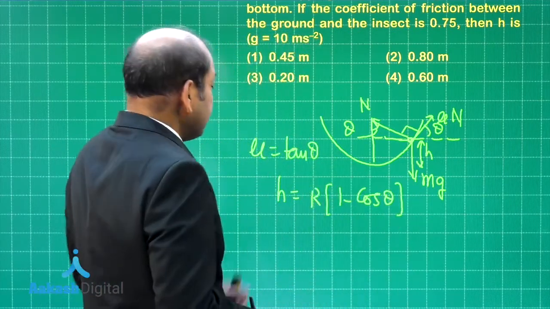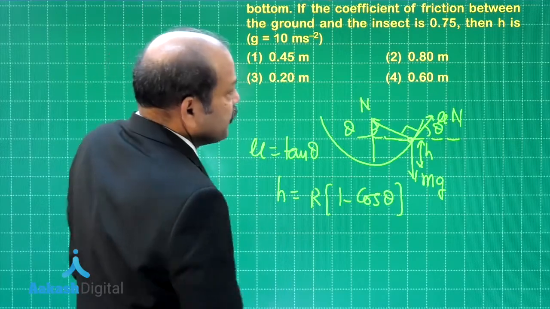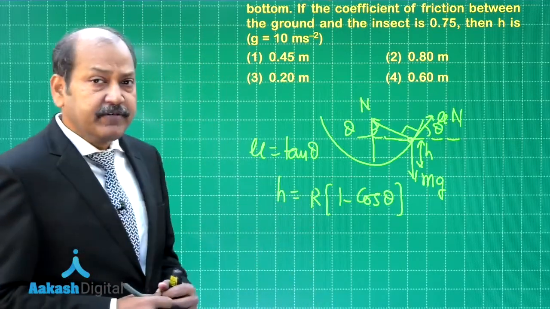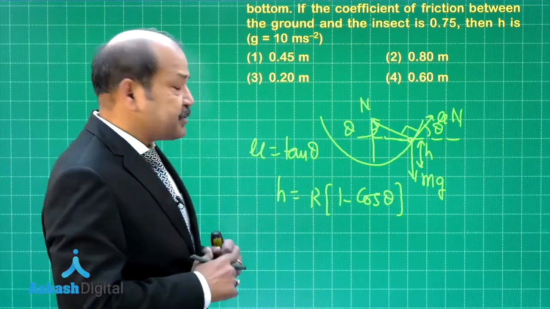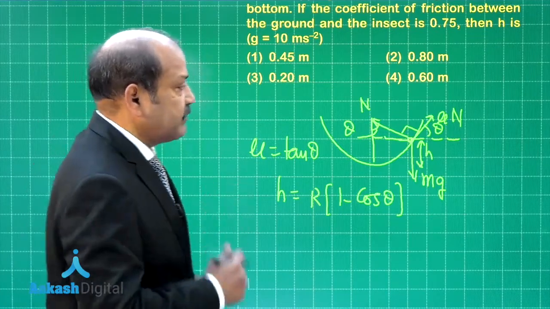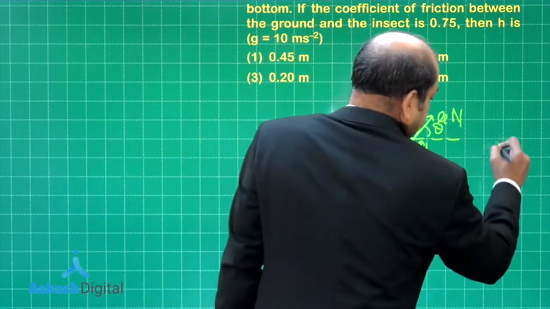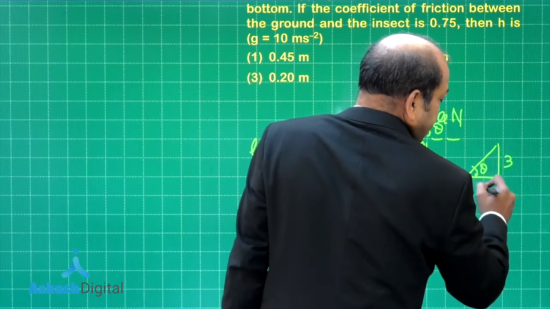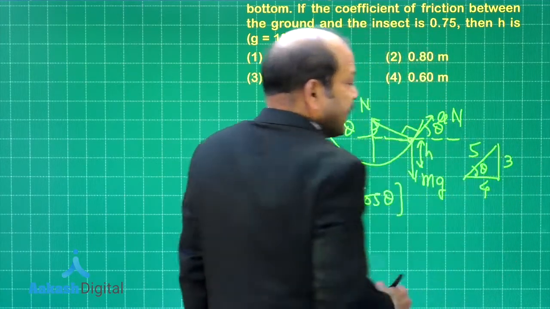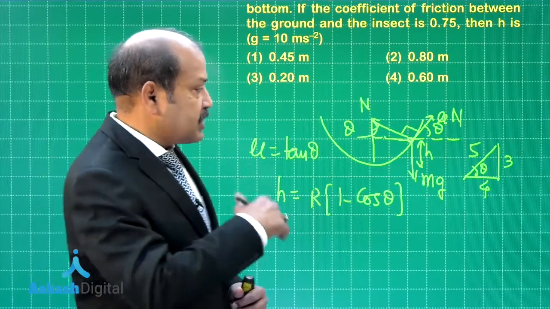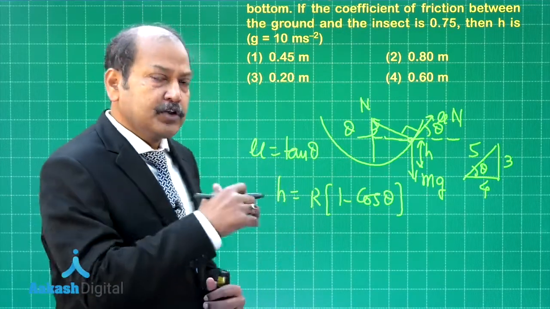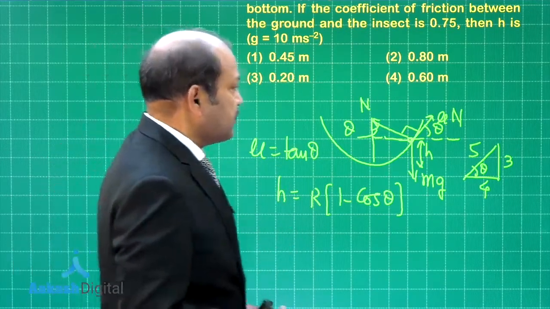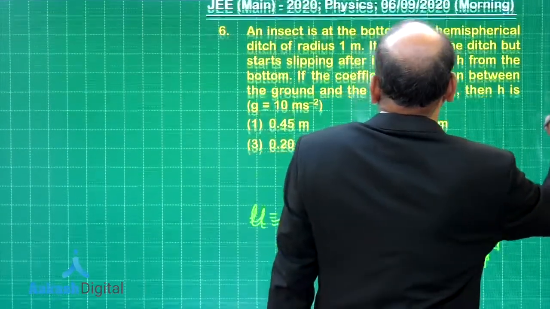And tan theta value is known because the value of mu is given to us, that is 0.75. If tan theta is 0.75, what's the value of cos theta? Well, if tan theta is 0.75, that means 3 by 4, the hypotenuse is 5, cos theta is 4 by 5 or 0.8. What about the value of the radius?